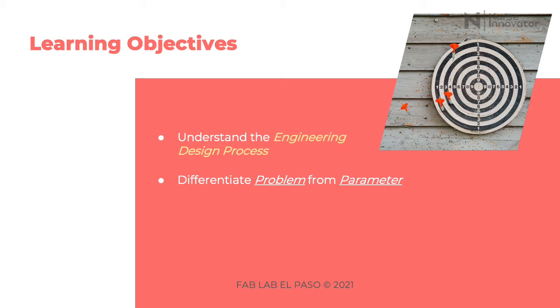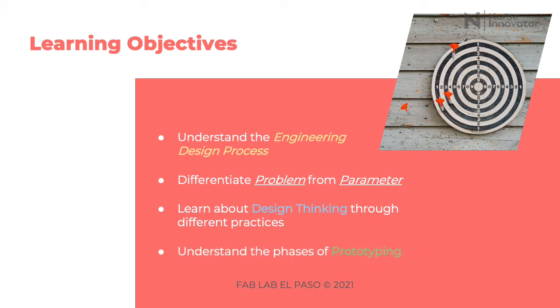We will also be looking at how design thinking is applied to different situations to facilitate problem solving and go into a deep dive on what makes design thinking a powerful tool for burgeoning inventors and innovators. Lastly, we will establish an understanding of the different stages of the product prototyping process. Let's get started.